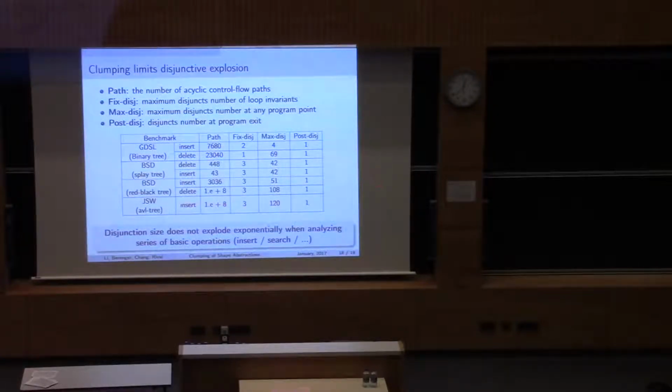And the maximum disjunct number is also very low compared to the control flow paths, which can be the disjunct number computed by analysis based on partitioning on control flow paths. Finally, at the program exit point, the disjunct number is often only 1. Therefore, we conclude clumping limits disjunctive explosion.